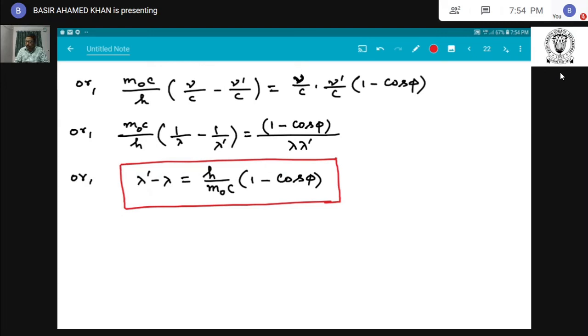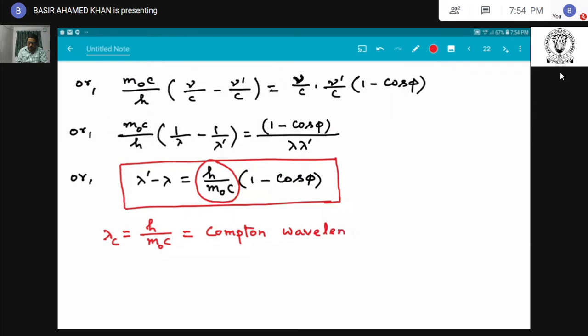Now, this quantity, lambda c equal to h by m0c, is known as the Compton wavelength. This is a constant, and this is called the Compton wavelength.